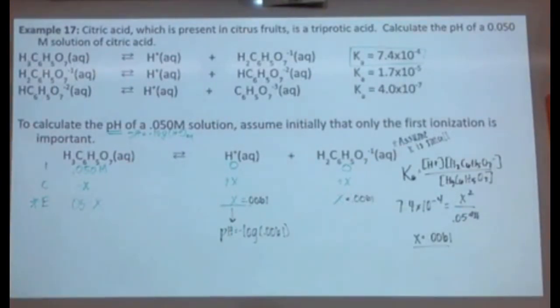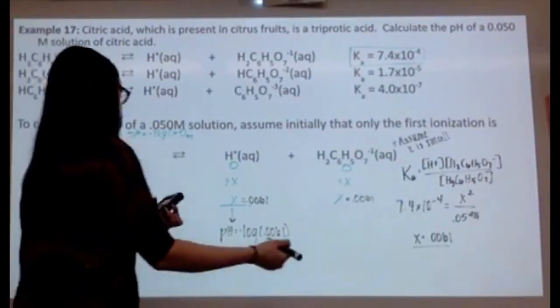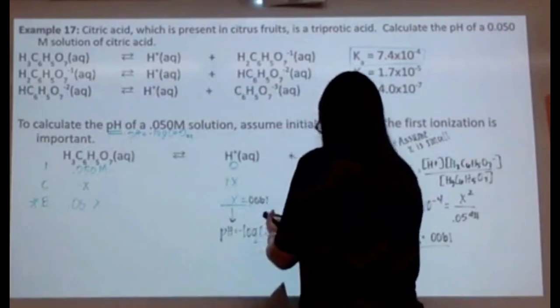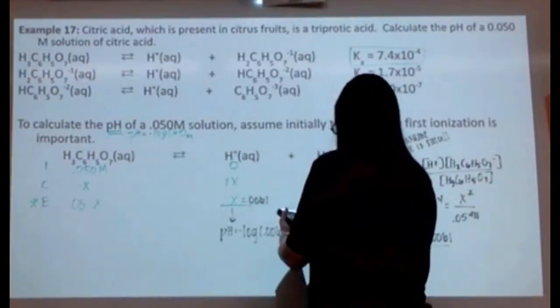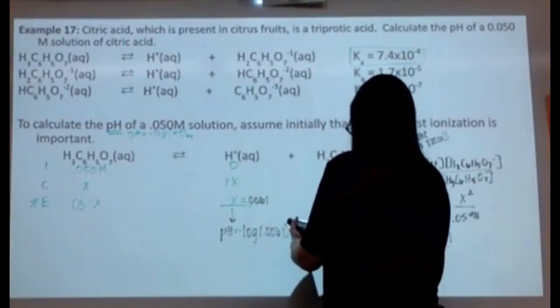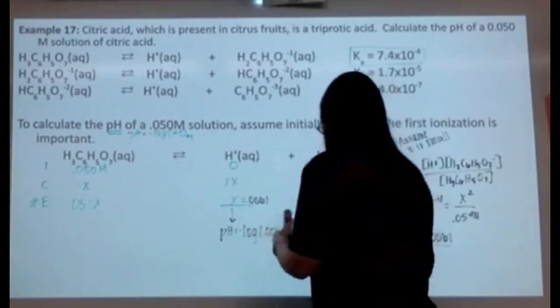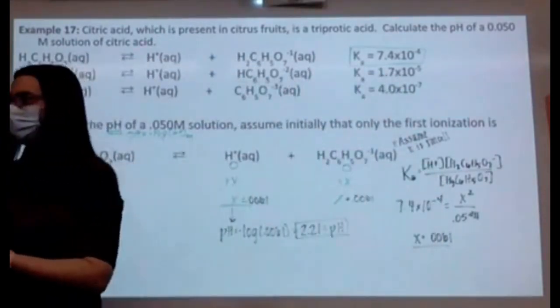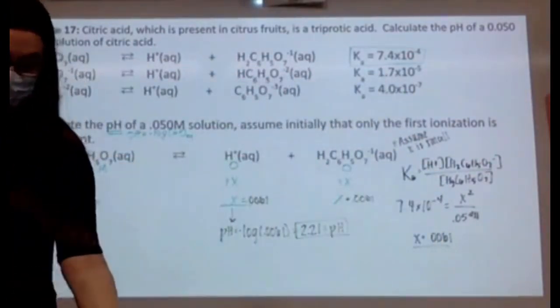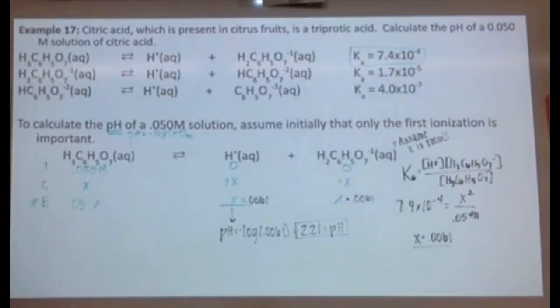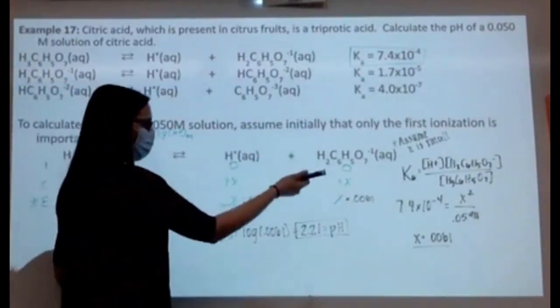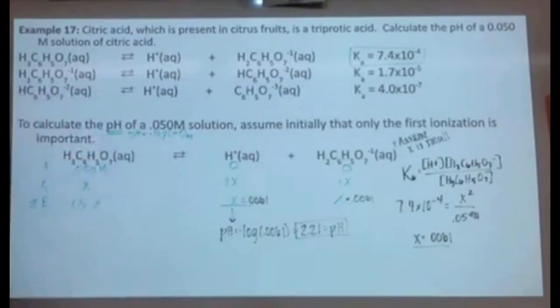And the pH is 2.21. Now, I'm going to just look at that. Citric acid is a weak acid. We were focusing on Ka values. So it makes sense that we have a pH of 2.21.